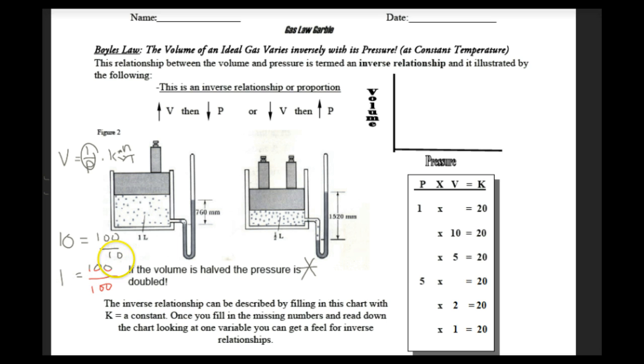So you can see that when you set up the volume equaling 1 over the pressure, when the volume goes down, the pressure is inversely proportional, the pressure goes up.